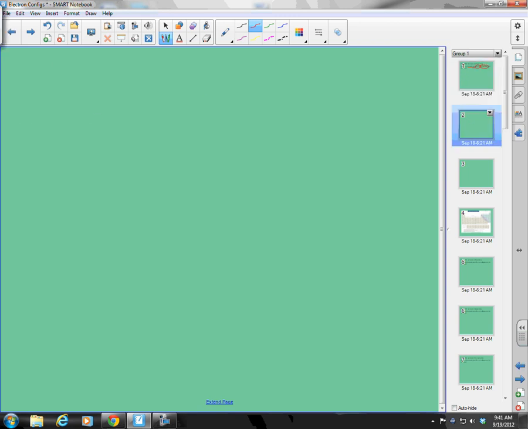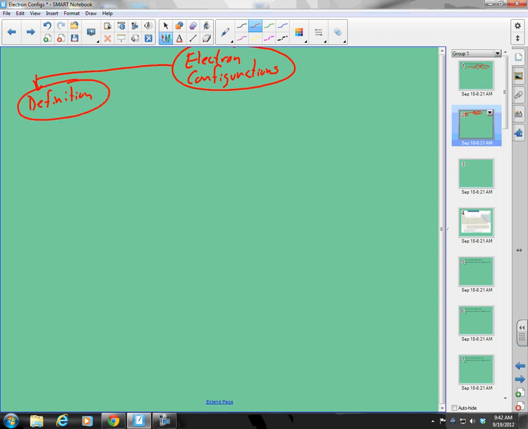Okay, I think we need to understand some things about electron configuration. So here we go. Electron configurations. Good. So I guess the place I always like to start, you guys should know this by now, is with a definition, right? What is an electron configuration?